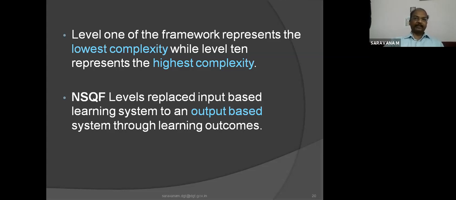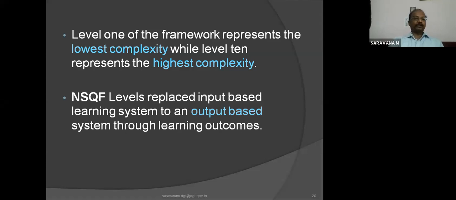Suppose for practical, everything, even industrial visits, even library also is mentioned with how many hours. And based on the syllabus, books are also prepared. NIMI, National Instruction Media Institute, prepared reference books for all the CTS trades, and for CITS you have a training methodology book. If you see the NSQF book, on the cover itself we can see level 4, level 5, and for CITS level 6. So everything is output based.